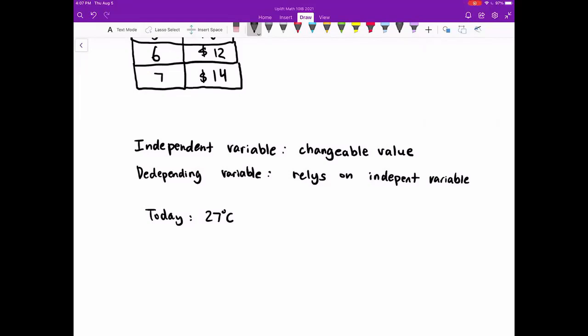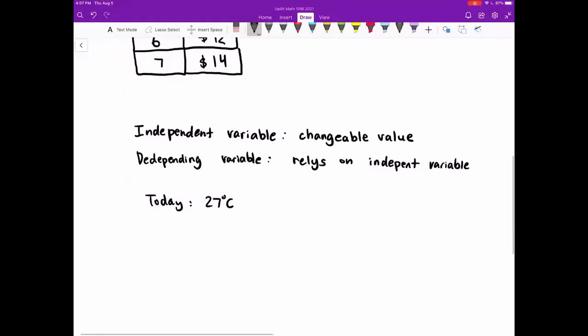So in that case, the day would be the independent variable because it changes, and the temperature would be the dependent variable because it relies on what day it is today. Usually, it doesn't go the other way around, because we don't usually say it's 27 degrees, so it must be August 5th, if that makes sense.